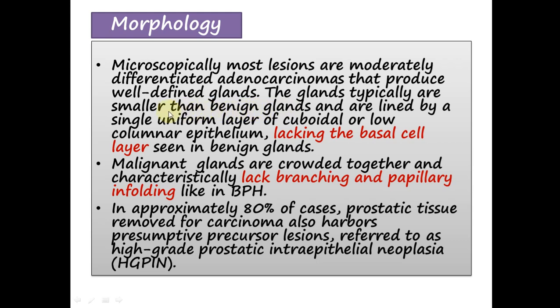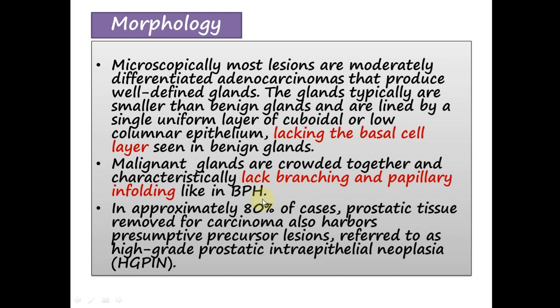But in prostate cancer, there will be a single layer, mostly formed of the neoplastic columnar epithelial cells, and there will be no basal layer as seen in benign prostatic hypertrophy. In severe cases, the malignant glands are crowded together, and unlike benign prostatic hyperplasia, they do not have the branching and papillary pattern or folding or projections into the lumen of the gland.